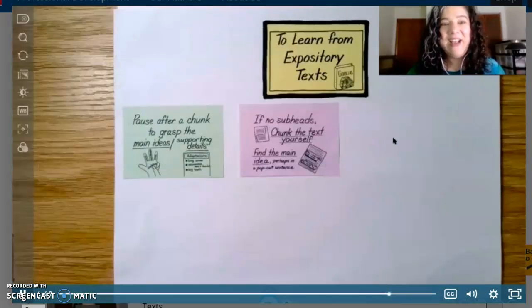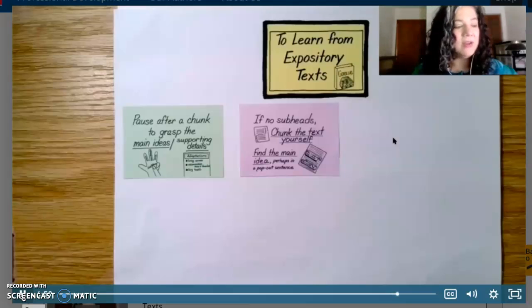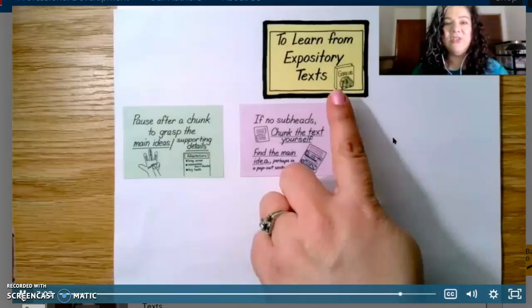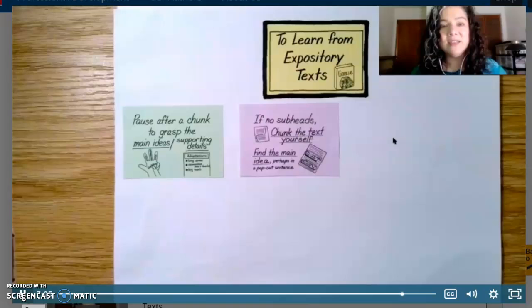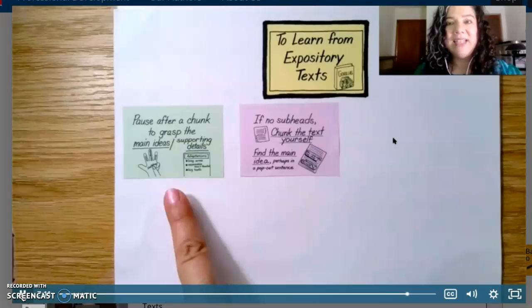So today and every day, as you go off to work and you remember your learning plan for yourself, one way we learn from our expository texts is to read a chunk, stop, see if we can find the main ideas and supporting details.